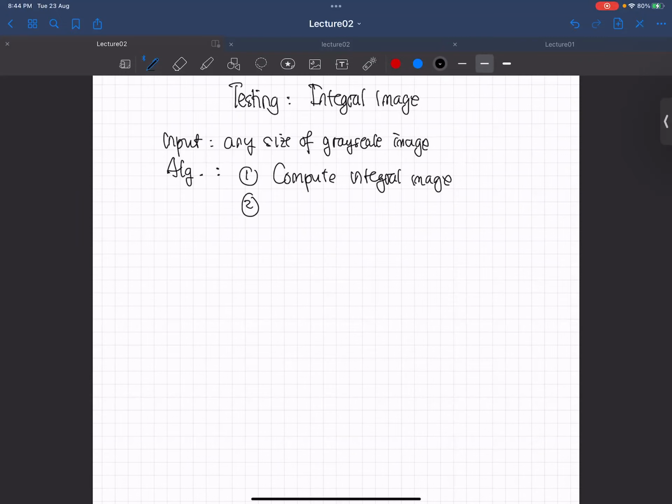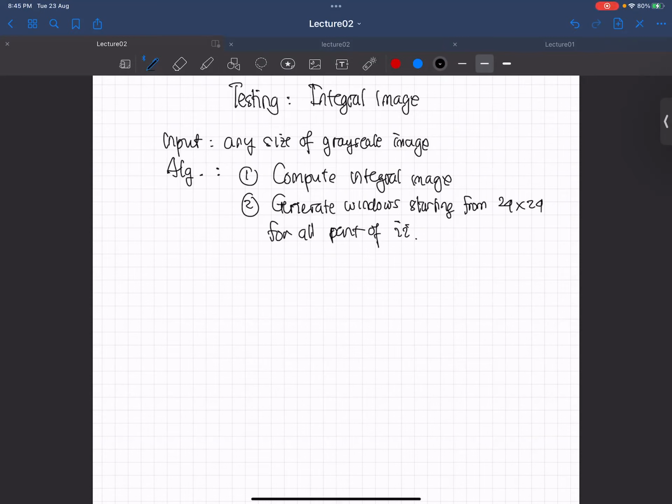The second step, generate blocks or windows starting from 24 by 24 for all parts of the integral image.